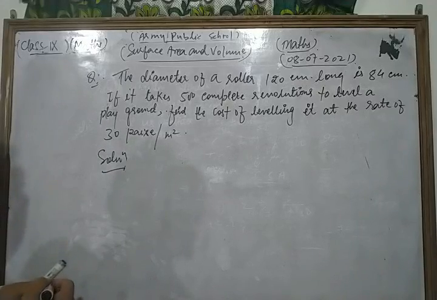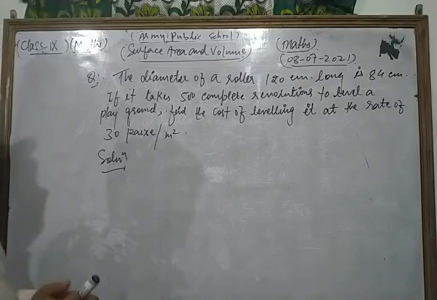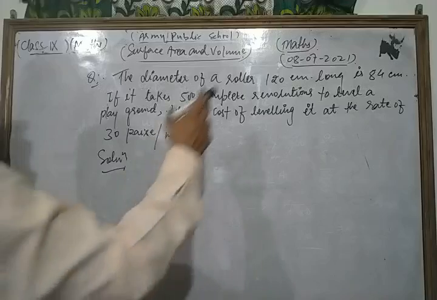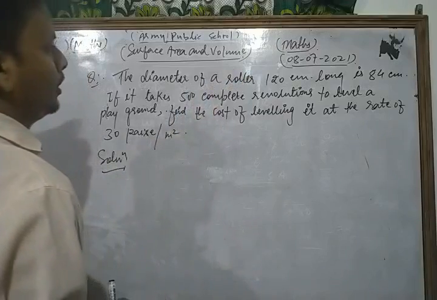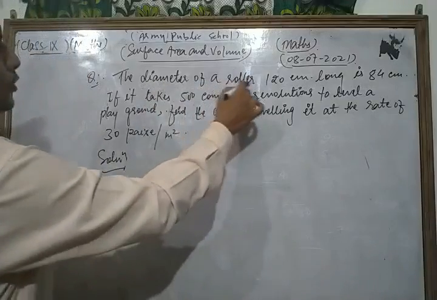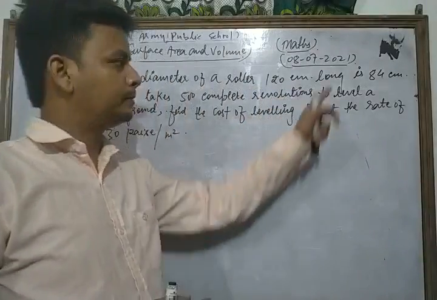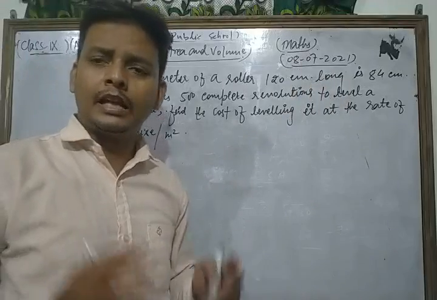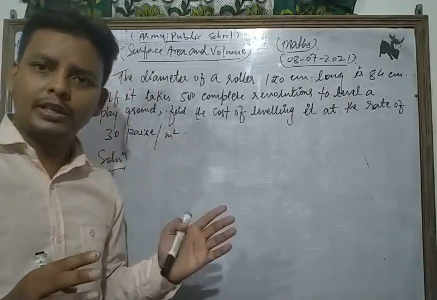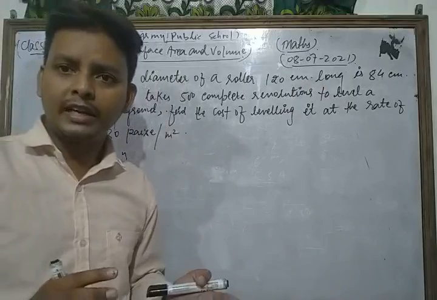Now look, here the diameter of a roller which is 120 centimeter long is 84 centimeter. And it is clear that the roller is in the form of a circular cylinder.